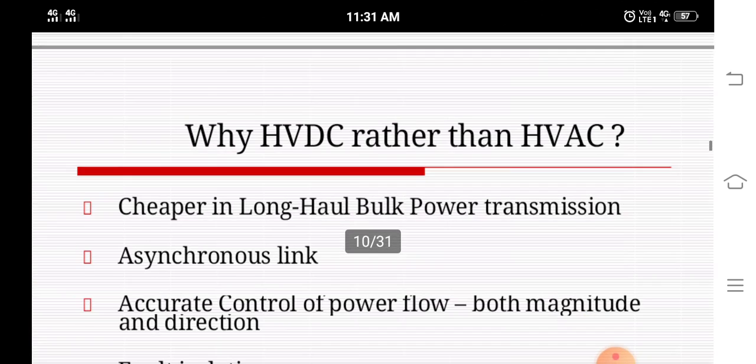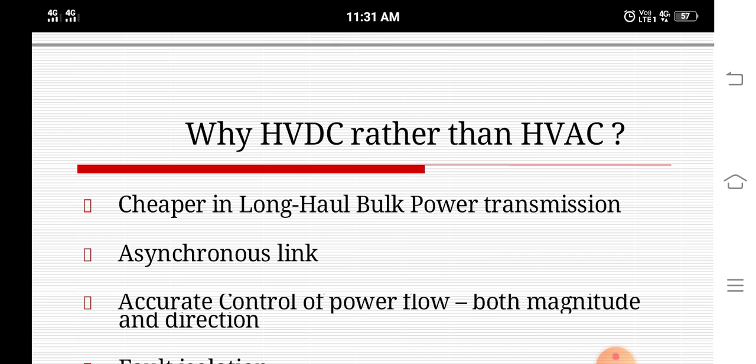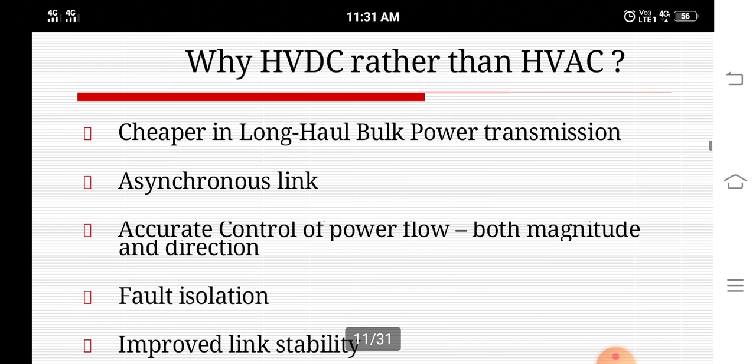Why HVDC rather than HVAC? Try to understand. HVDC power transmission is much cheaper in long haul bulk power transmission. It is an asynchronous link, so there is no expenditure to spend on a synchronous link.